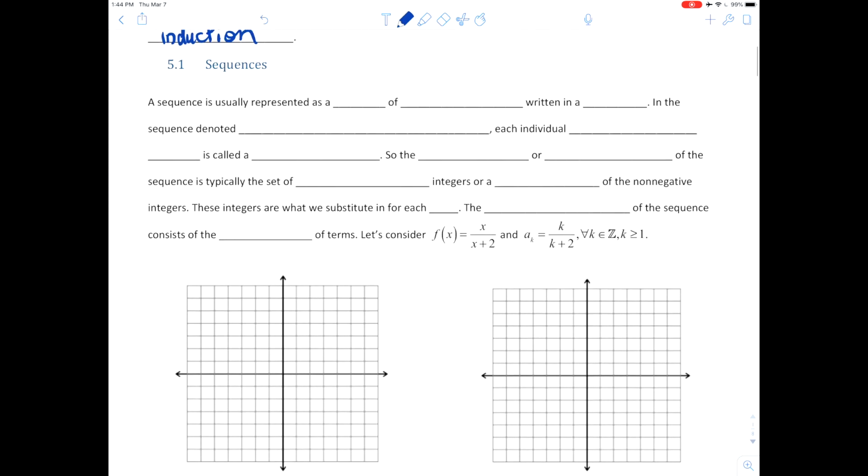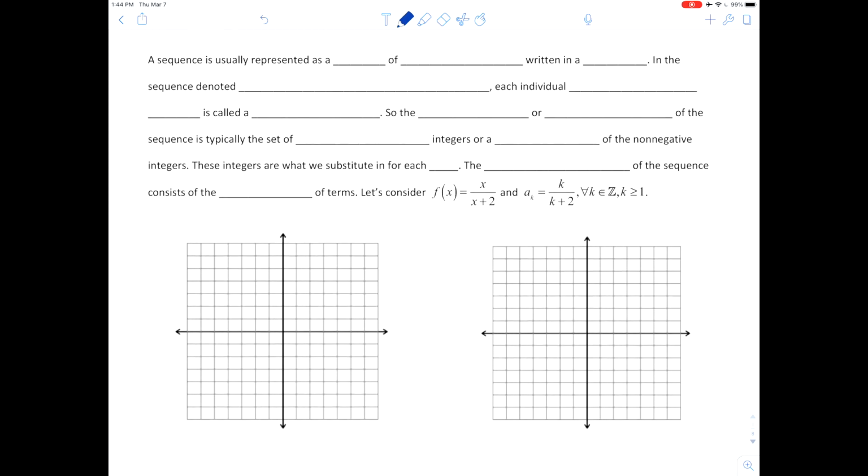A sequence is usually represented as a set of elements written in a row. The sequence is denoted A sub m, A sub m plus 1, A sub m plus 2, all the way down to A sub n.